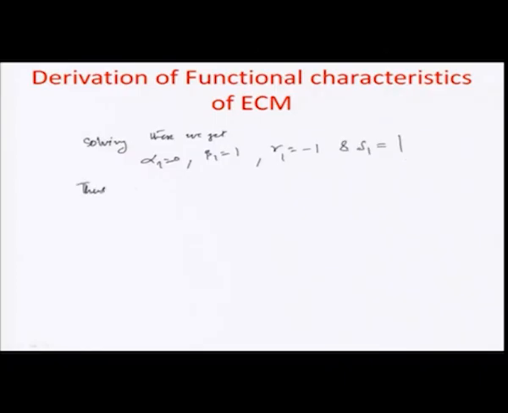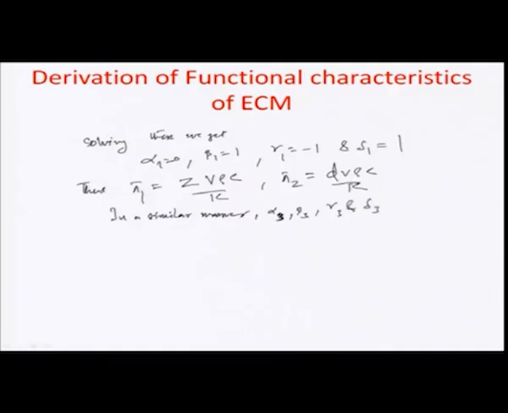Thus, pi 1, the first dimensionless group, comes out as z v rho c by k. Pi 2, the second dimensionless group, comes out to be d v rho c by k. In a similar manner, alpha 3, beta 3, gamma 3 and delta 3 are found.